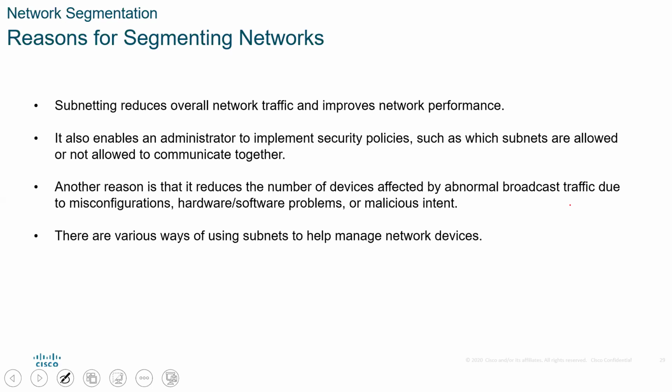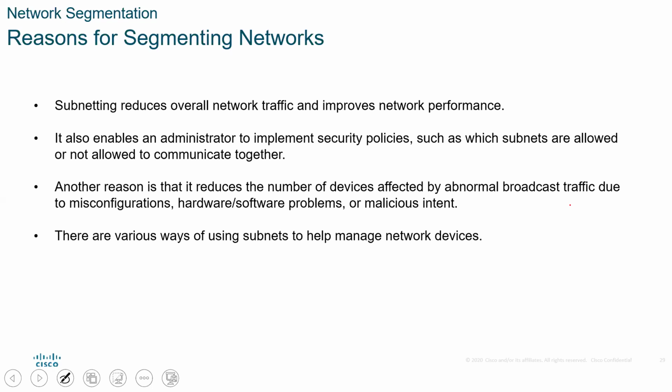We do subnetting to reduce the overall network traffic and improve network performance. It also enables an administrator to implement security policies, such as which subnet you are to allow or which one not to allow, maybe bandwidth allocation, or security policies and things like that.